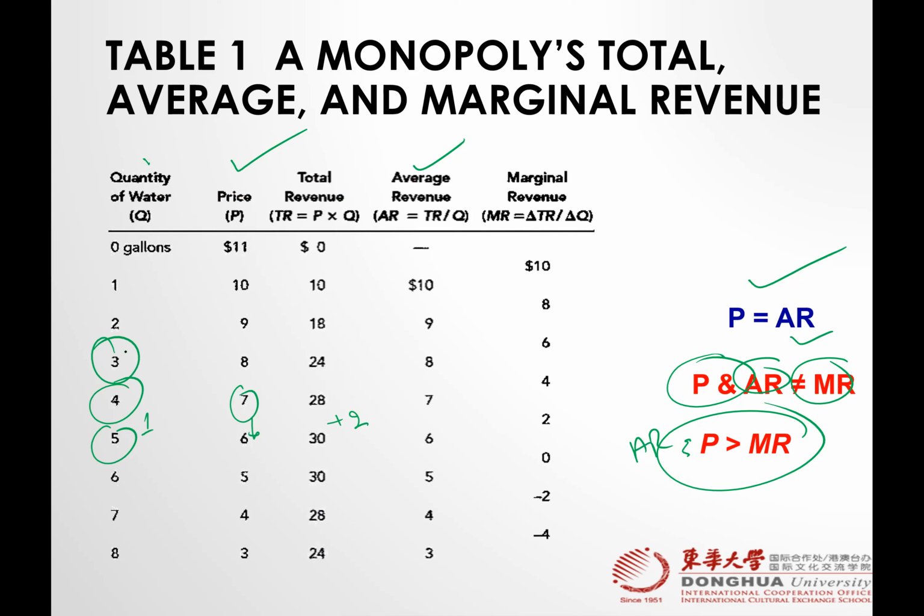When we sell from 3 to 4, your revenue increased by 6. So why is the MR lower? Just because whenever we sell more, we decrease the price. So there is a decreased amount that is going to be added to total revenue. Of course, total revenue is increased: 24, 28, 30, right?